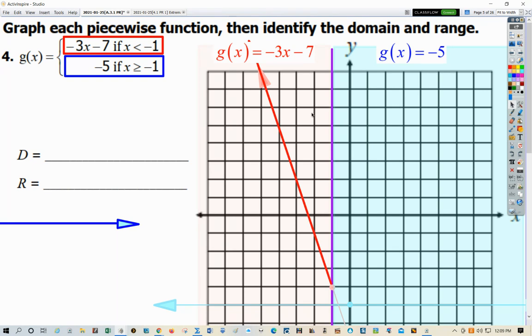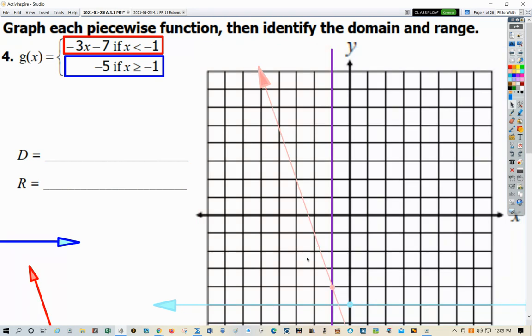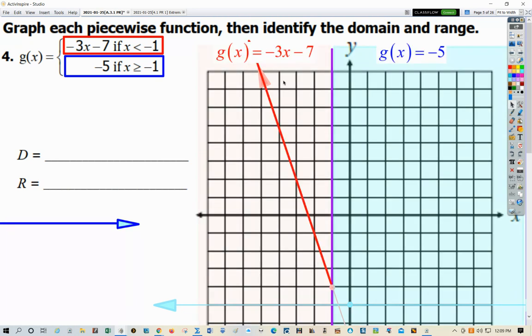Because this is a piecewise function, I only get to graph this red line to the left of my boundary line, because I'm only going to graph it where the x values are less than -1, and there's my x equals -1 boundary, right? And by the same token, I'm only going to graph the blue piece where x is greater than -1.